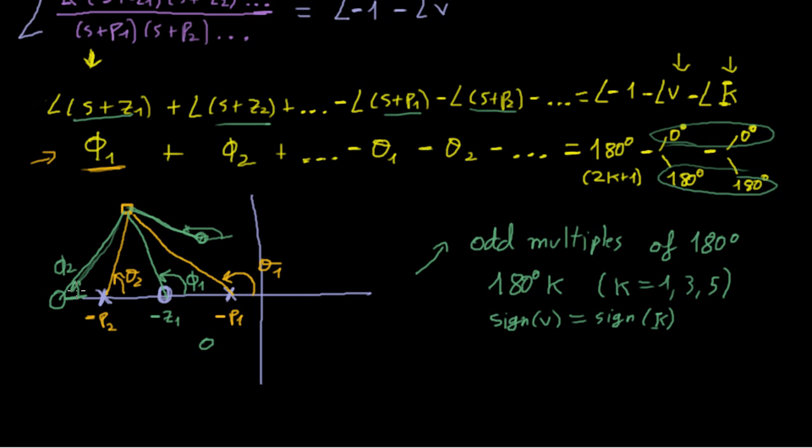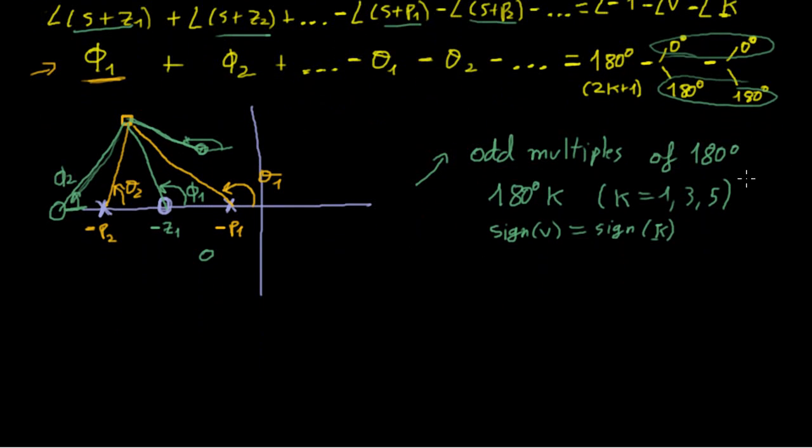If all those angles add up to an odd multiple of 180 degrees, we say that this position is in the root locus, but specifically in the positive root locus.